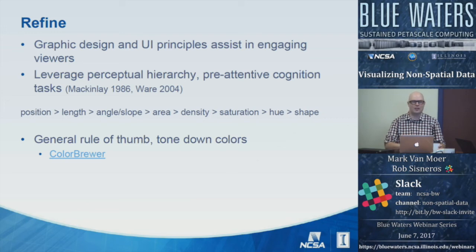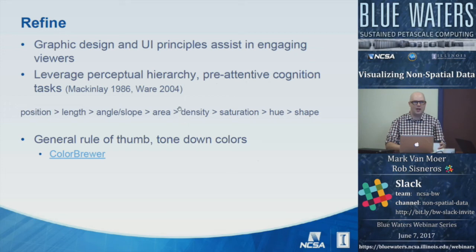Because of how this whole mechanism of visual perception happens, certain things get processed in the eye itself, certain things get processed in the visual cortex, and certain things get processed in the whole gestalt of the brain. And we can leverage these things to make certain things pop out. This is kind of the hierarchy of which things get processed first. Position gets noticed well before actual shape does.